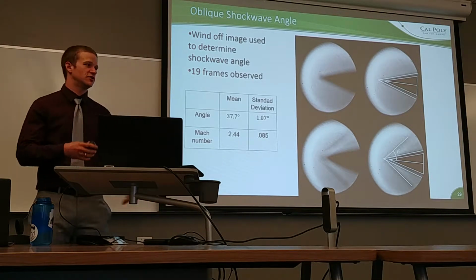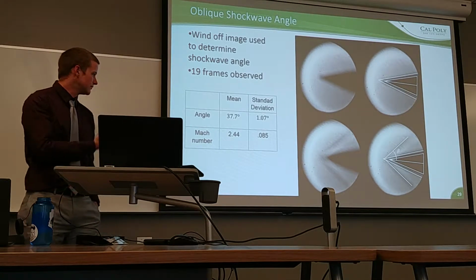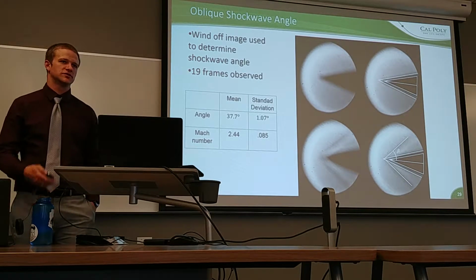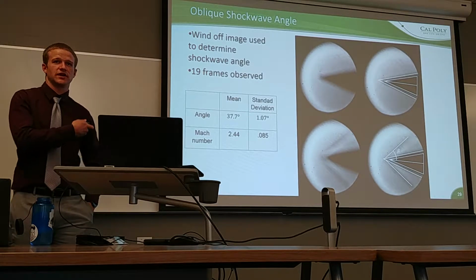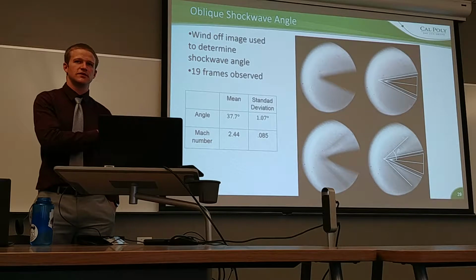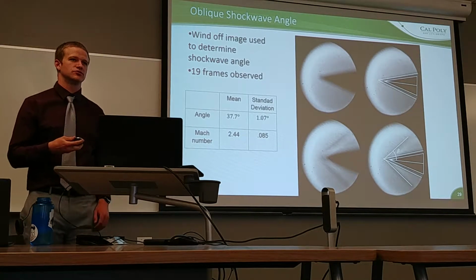So within a standard deviation, the actual Mach number is most likely between about 2.36 and 2.52, which is pretty close to the design constraint. There are a number of reasons why it's not dead on. One of them is probably that there's a good amount of error from this measurement method, and using pressure measurements would probably improve the accuracy.